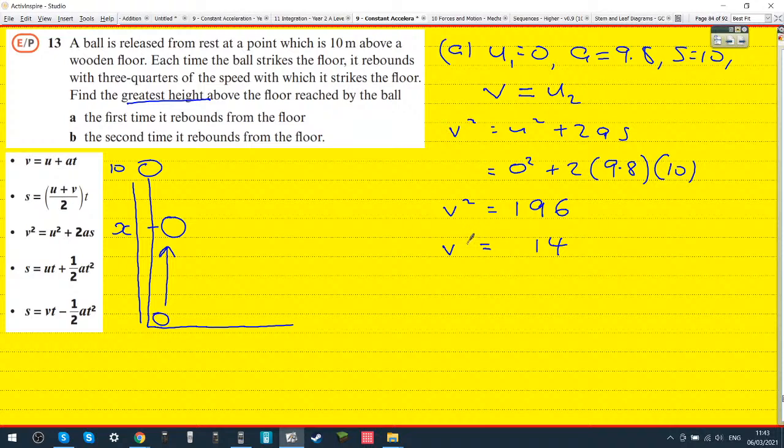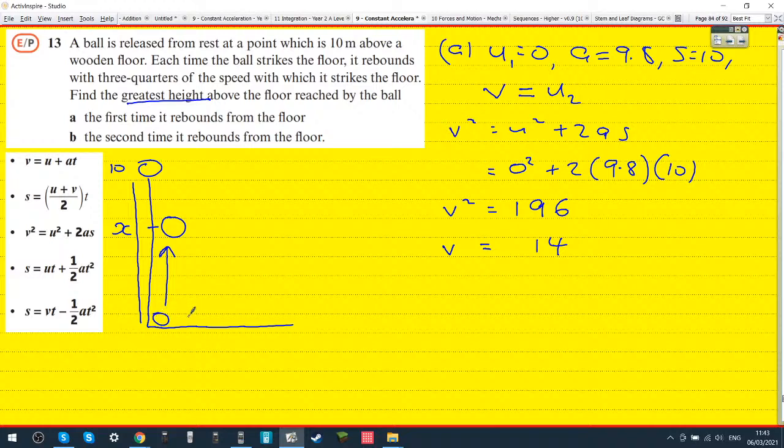So we could use S equals U plus V over 2T. So now this is a different journey. What do you know about this different journey?